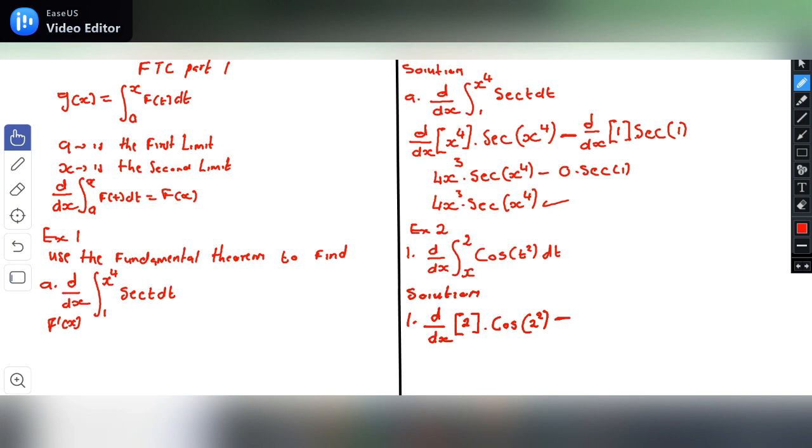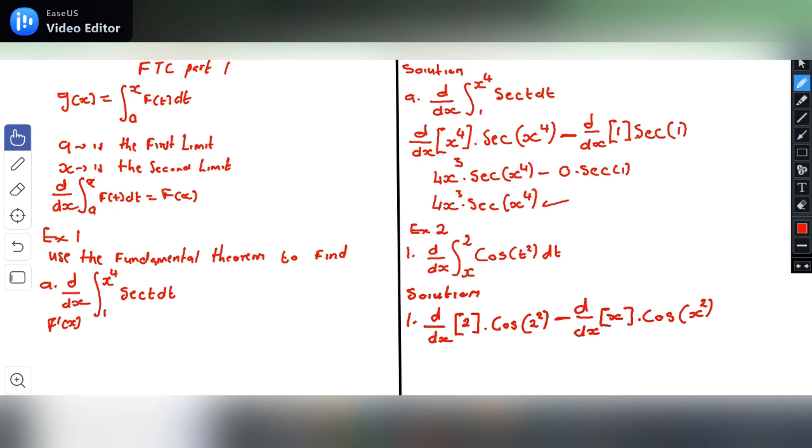Then we do the first limit. We differentiate the first limit, which is x. Then we multiply with the function. Where we see t, we write the first limit, which is x. It's going to be x squared because there is a square here, right?